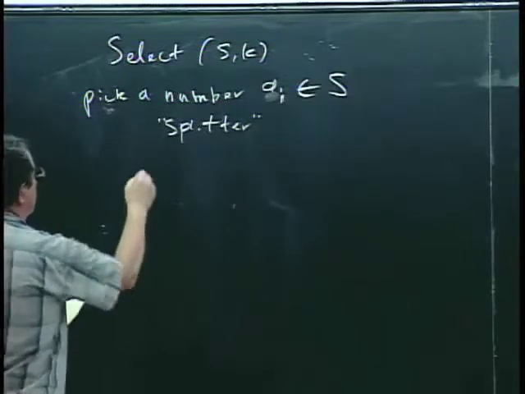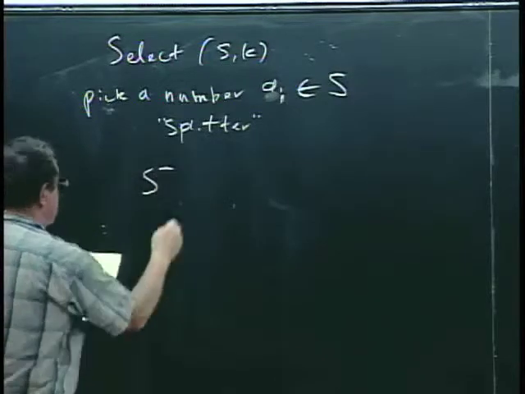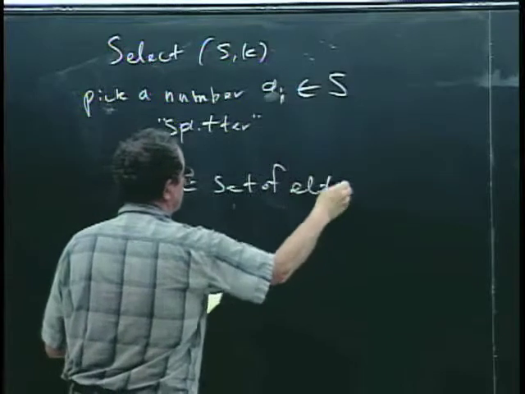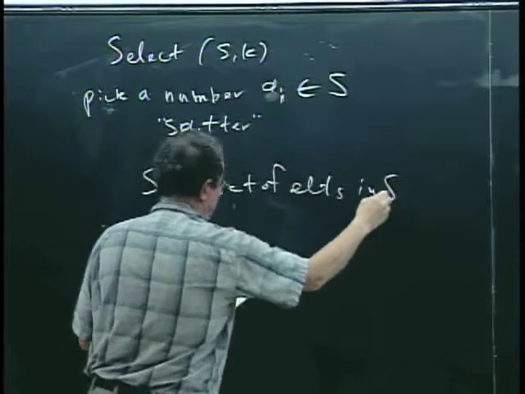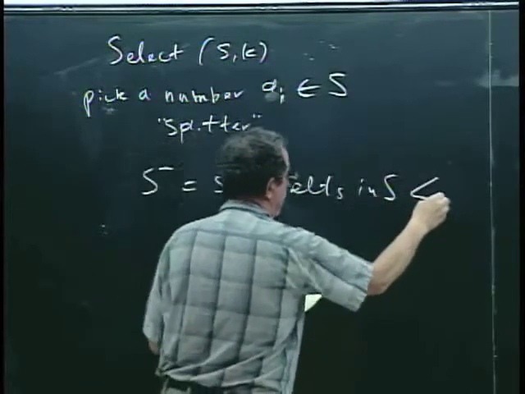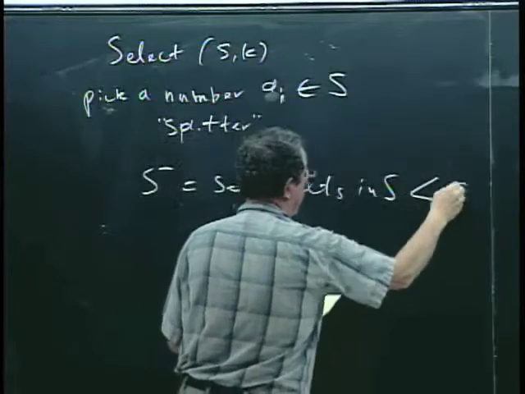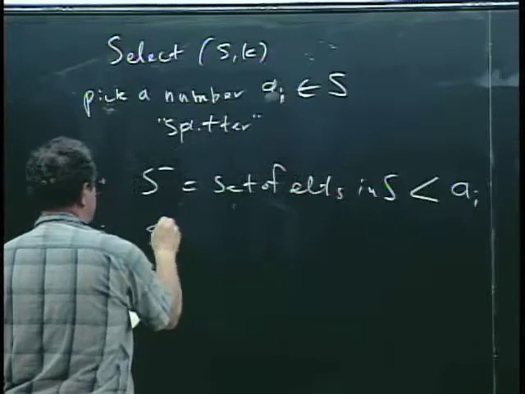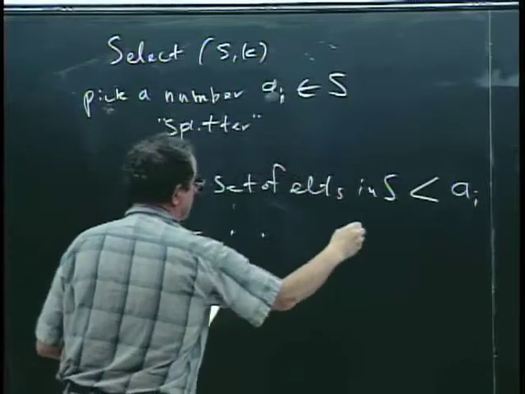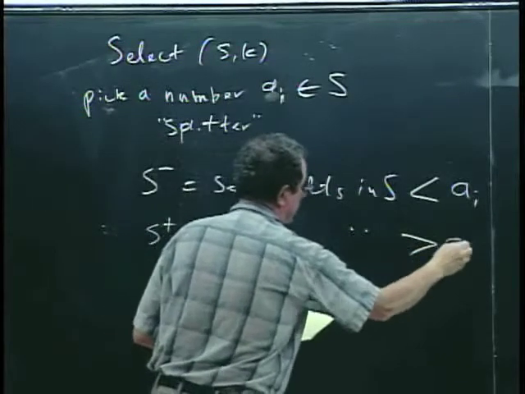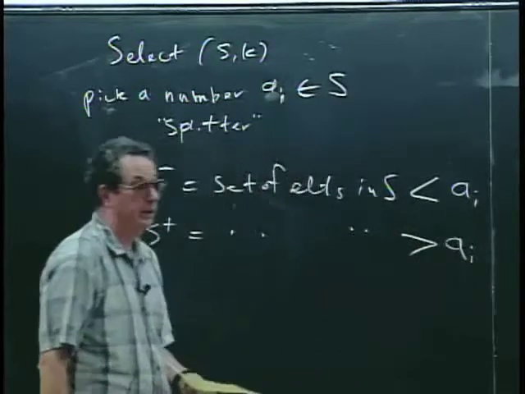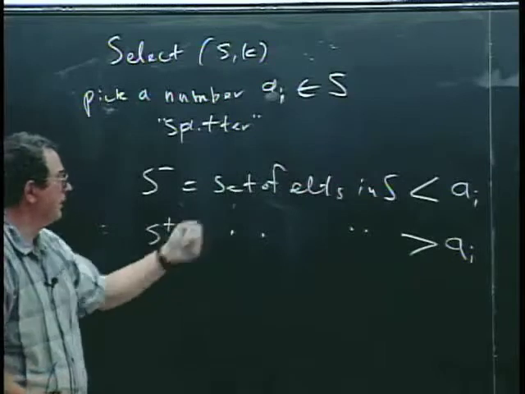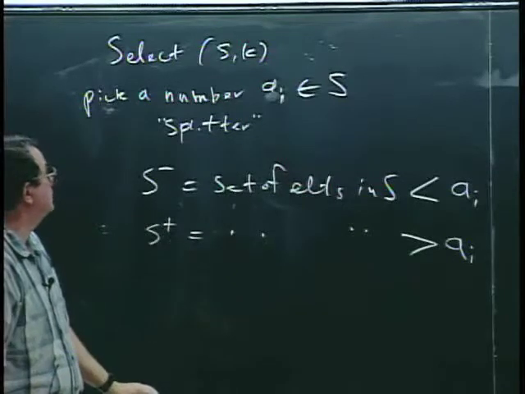Just pick one. And S minus is the set of numbers in S that are strictly less than a_i. And S plus are the elements that are strictly bigger than a_i. Why is nothing equal to a_i?